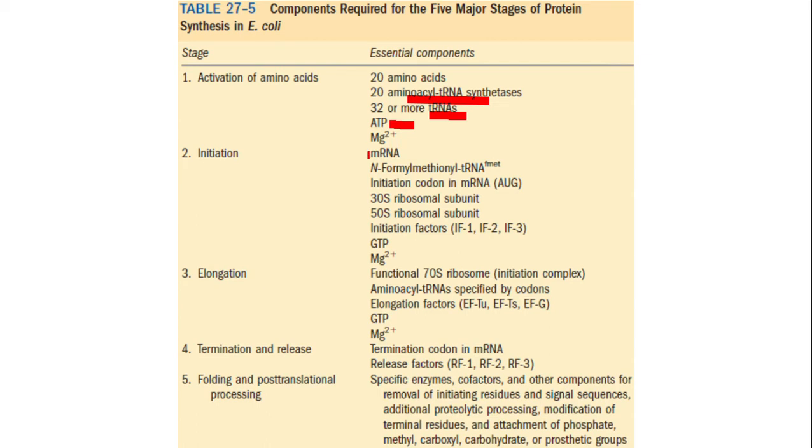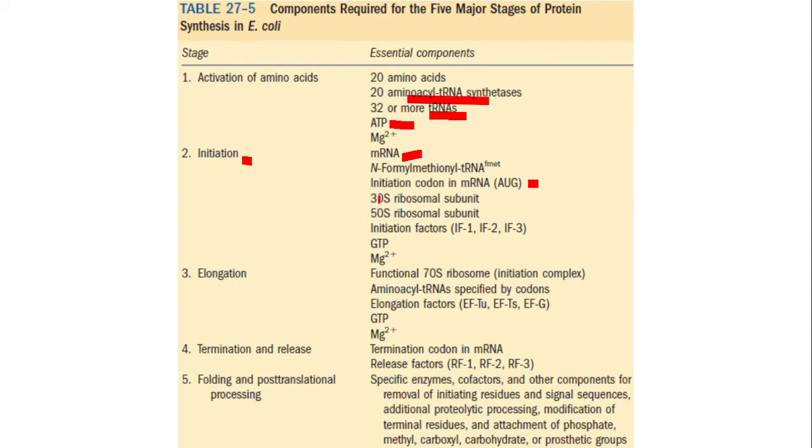For initiation, mRNA and formyl methionine tRNA. It is a tRNA that carries the initiating amino acid called formyl methionine. And the codons are required. Which codon for initiation? It is the initiation codon, which is AUG. Then we have the ribosomal subunits 30S and 50S.